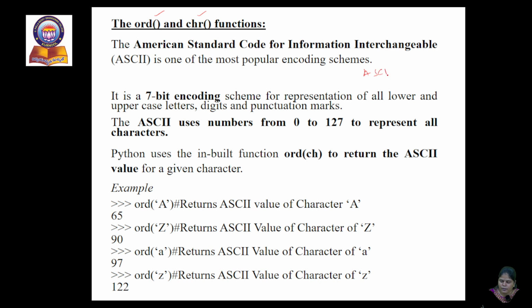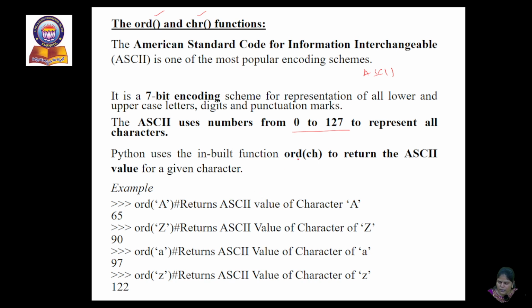ASCII is called American Standard Code for Information Interchange. It is one of the most popular encoding schemes. It is a 7-bit encoding. That means every character value will be converted to ASCII, and ASCII values can be converted into bits of 7-bit length. So ASCII uses the numbers from 0 to 127 to represent all the characters.